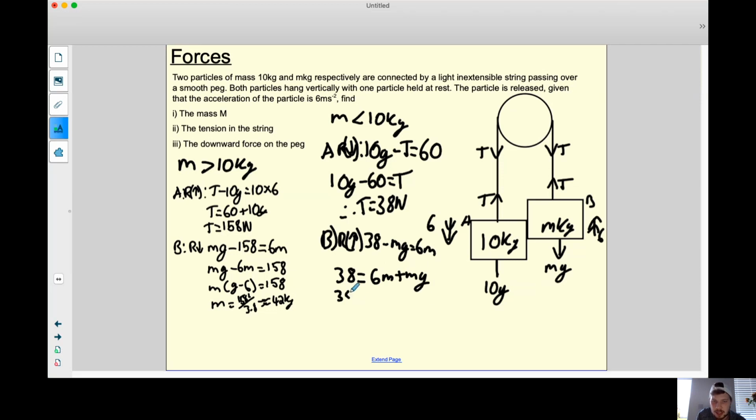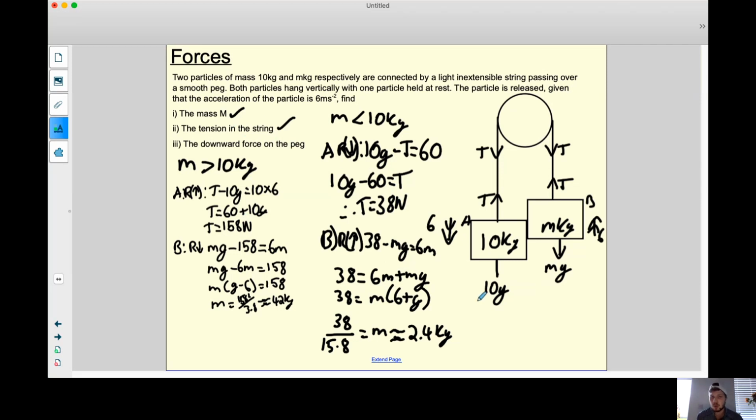Factorising, 38 equals m lots of 6 add g. Dividing by 6 add g, 6 add 9.8 is 15.8, so m equals 38 divided by 15.8, which is 2.405, roughly 2.4 kg. Those would be my respective masses for m. So I've got my masses, and in the process I worked out the tension in my string.